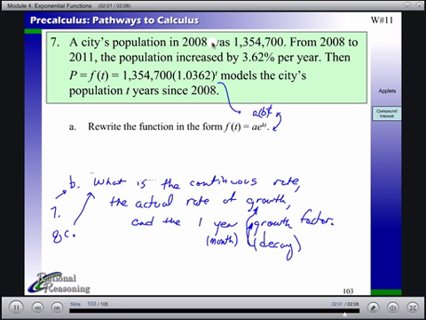The a's match up, and the t's match up. So what's the base of t in this one? e raised to the k. So therefore b equals?